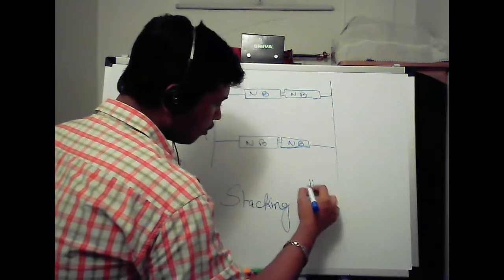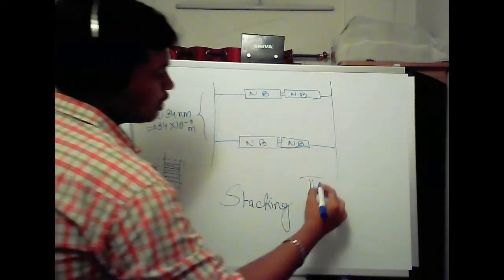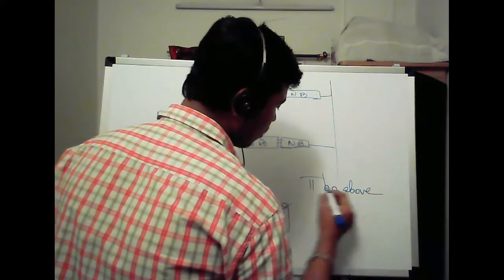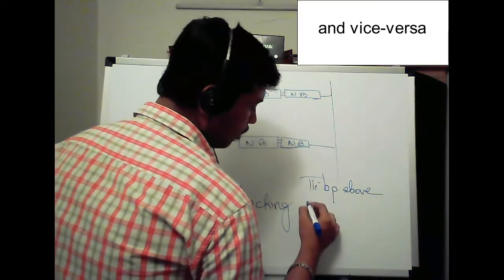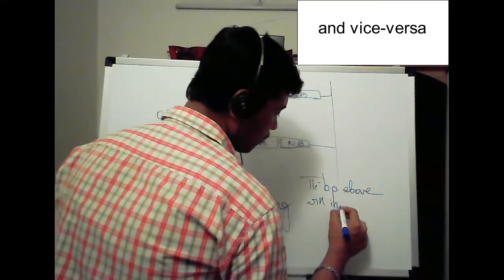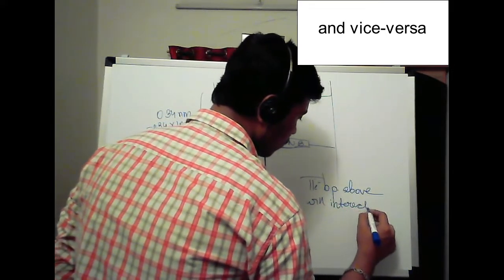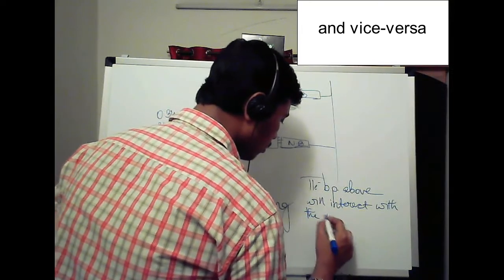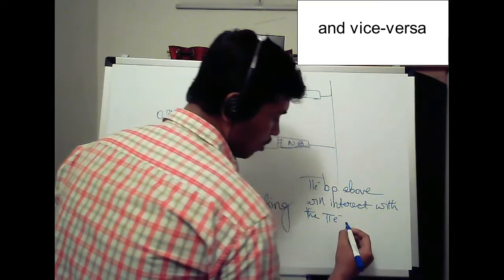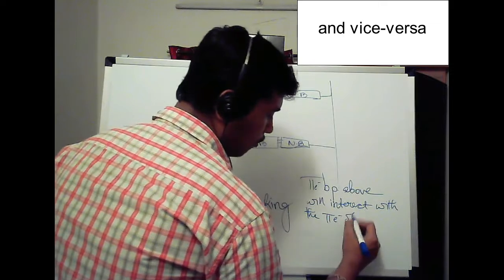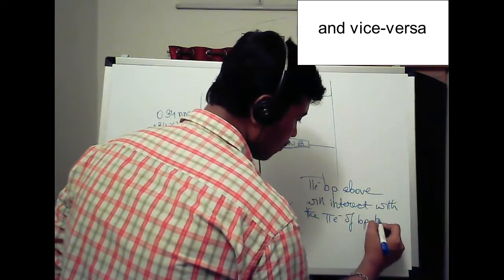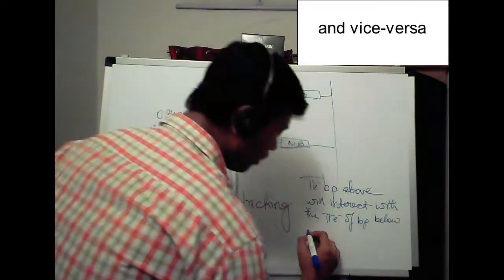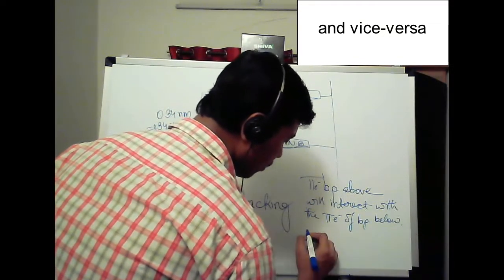The pi electrons of the base pair above will interact with the pi electrons of the base pair below, and also in the presence of hydrogen.